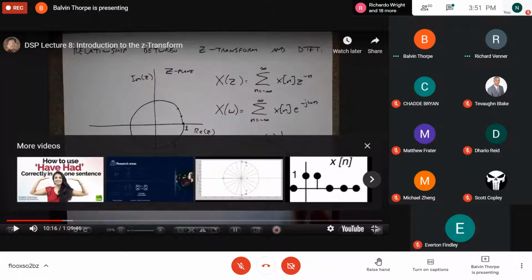Now, the unit circle in the Z transform is the area that tells you where the function exists, whether it is inside the circle, on the circle, or outside of the circle.